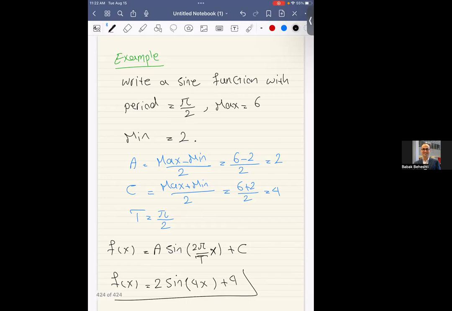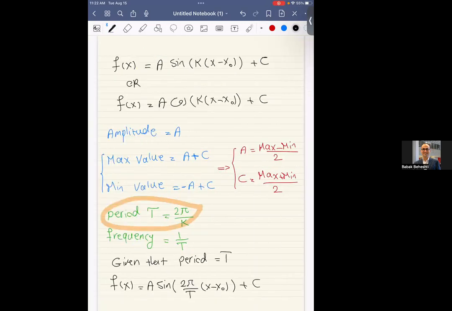Okay, so remember that if you have sine of kx, the period is 2 pi over k. Period is 2 pi over k. That means, equivalently, k is 2 pi over T, right?